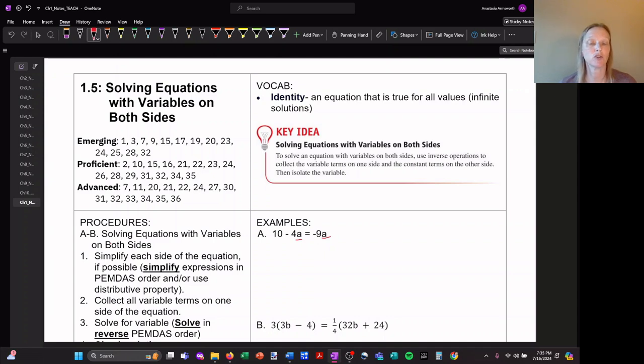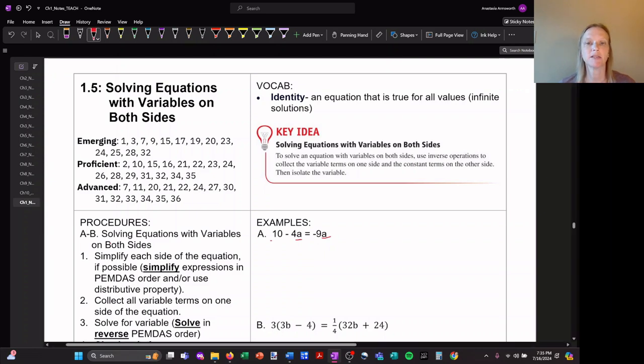And so the next job is to collect all the terms that contain a on the same side of the equation. Now, it doesn't actually matter whether I collect them on the left or the right side, but usually one method is faster than the other.